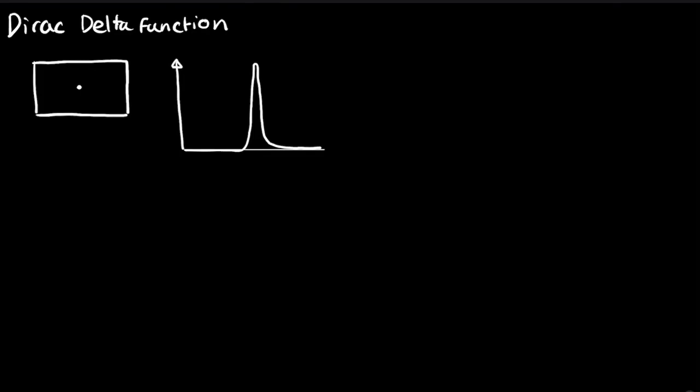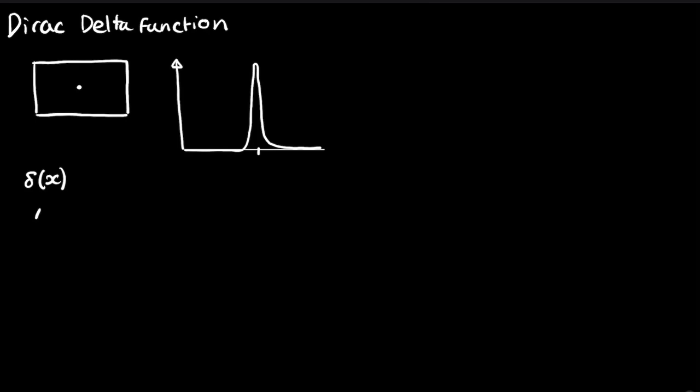It's going to be an infinitely thin but infinitely tall spike, and this is exactly what a delta function is. We normally represent it as delta of x. It's basically an infinitely thin and infinitely tall spike at one particular location.